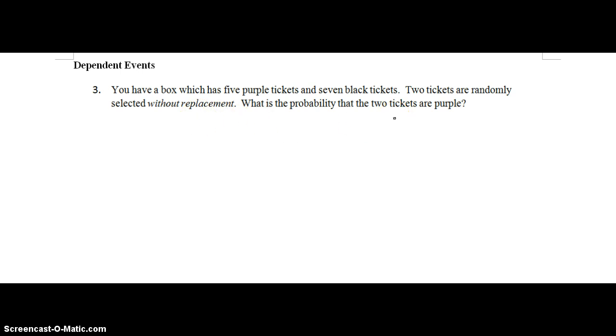So, in the first situation, we have 5 purple tickets out of a total of 12. So, there's the first draw, right? That's 5 out of 12. But we also have without replacement. So that means that after you get the first purple, you don't put it back.